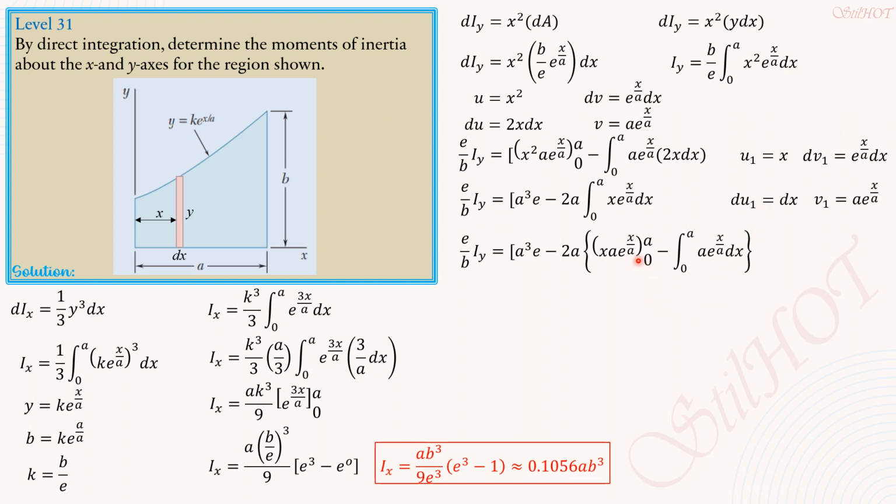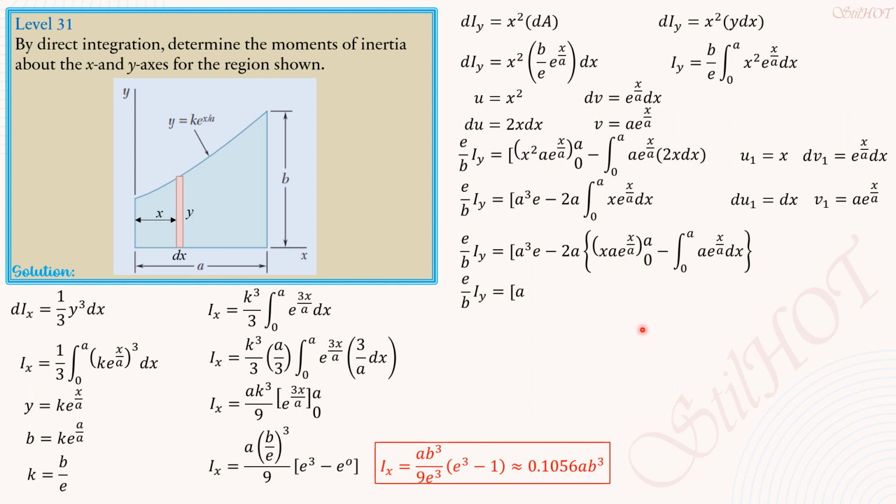If we substitute limits here, this is a, so a squared e to the 1, since a over a is 1. So this is just a squared e minus the lower limit 0.